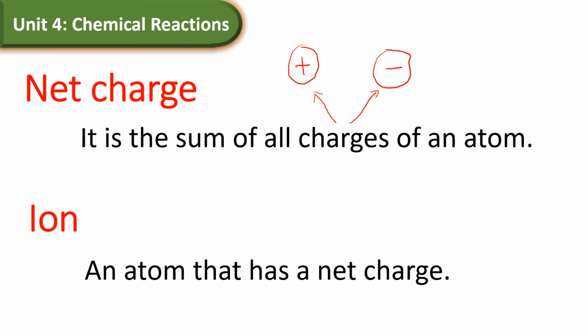And if an atom has a charge, meaning an atom is positive or an atom is negative, then we call them ion. So an ion is an atom that has a net charge.